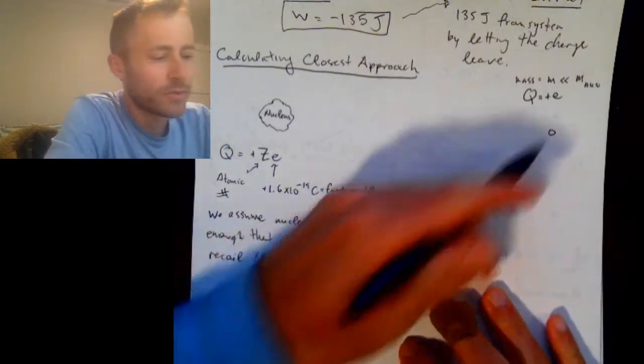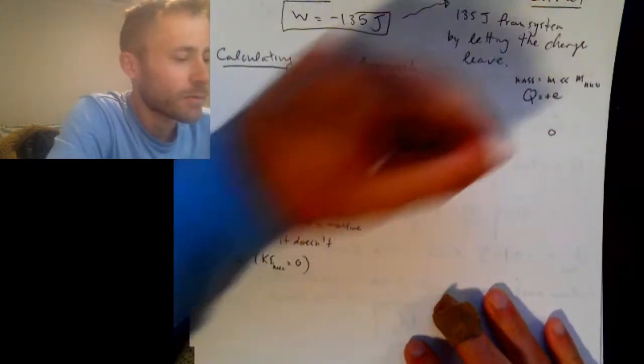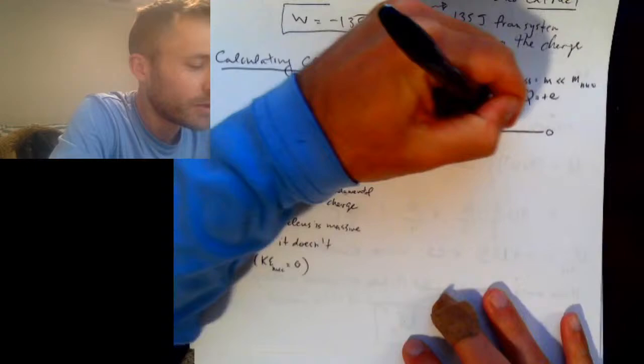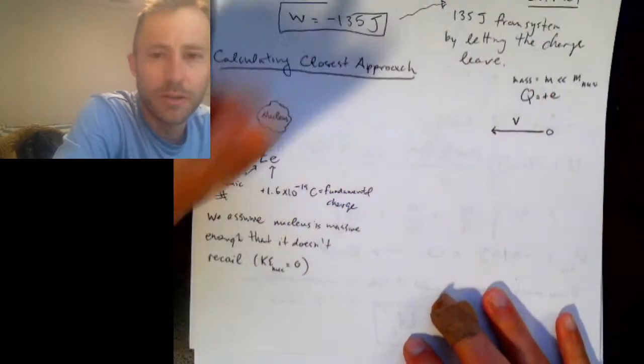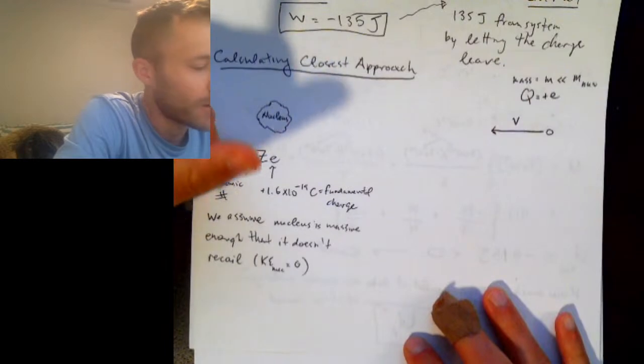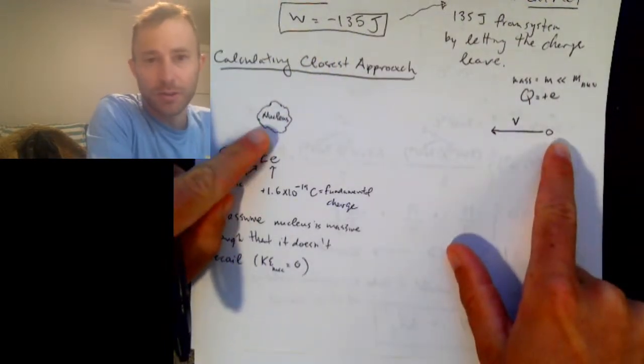This charge starts out really far away, and we launch it directly at the nucleus with a speed v. Now, these two both have positive charges, so they're going to repel each other.